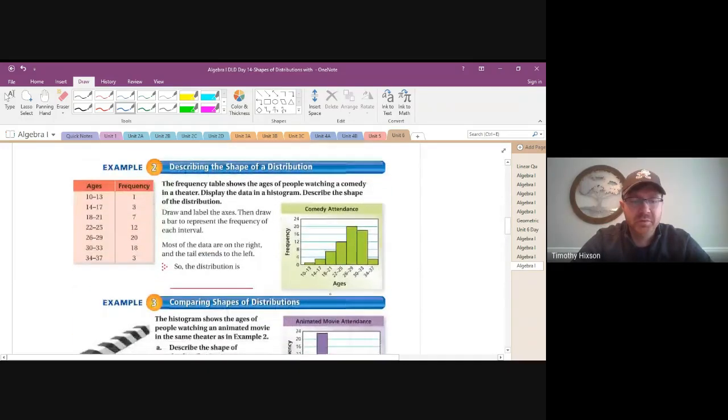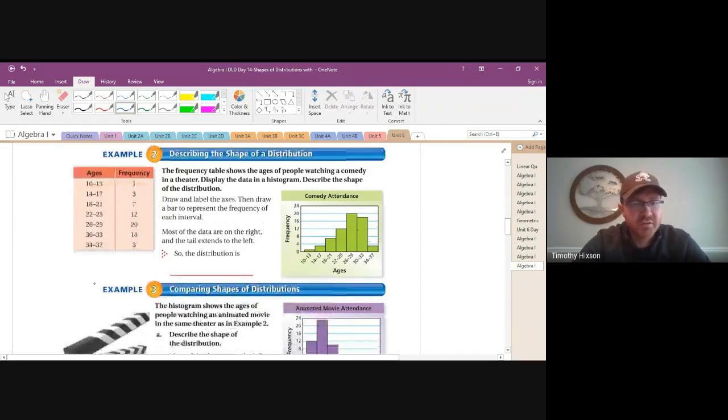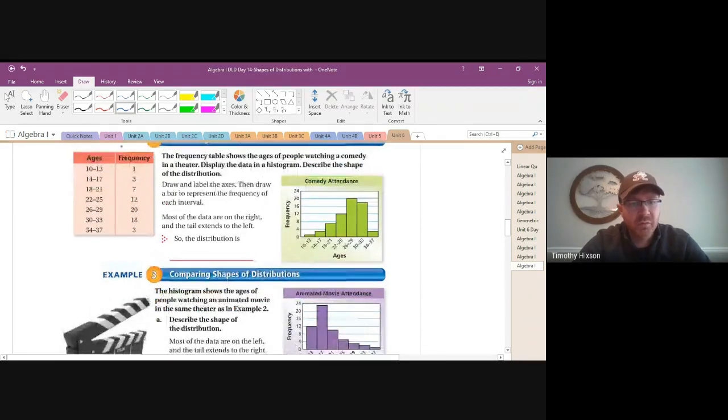Couple other examples here. If we were to draw a bar graph, notice we are given the ranges of age, and we want to use this frequency table to draw a histogram. So let's actually do that.